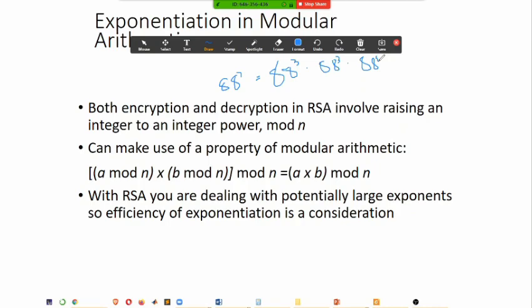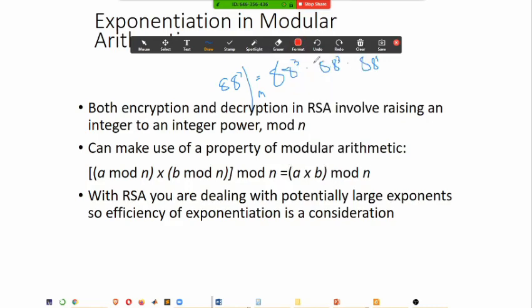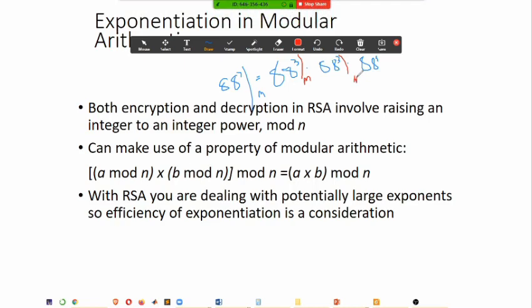Now 88 to the power 3 can be computed on a calculator. So perform 88 to the power 3 mod 187. So 88 to the power 7 mod 187 is going to be 88 to the power 3 mod 187 times 88 to the power 3 mod 187 times 88 mod 187.